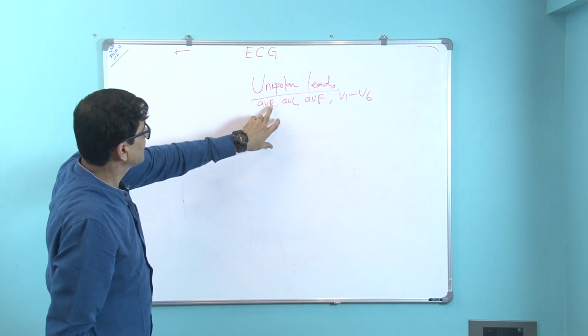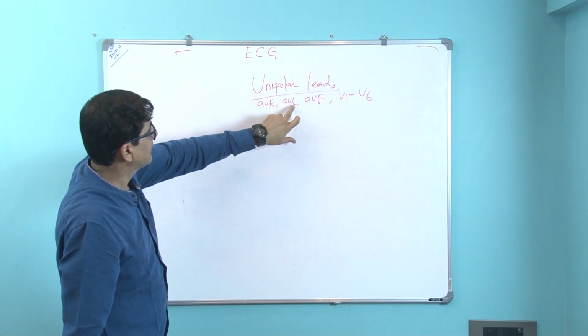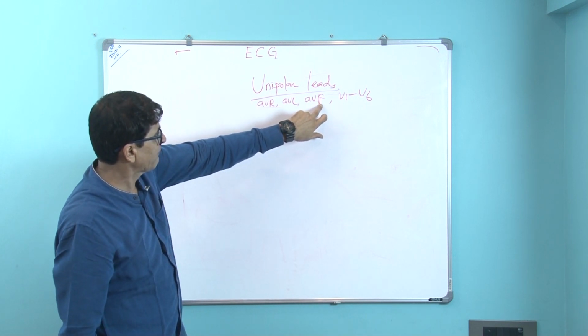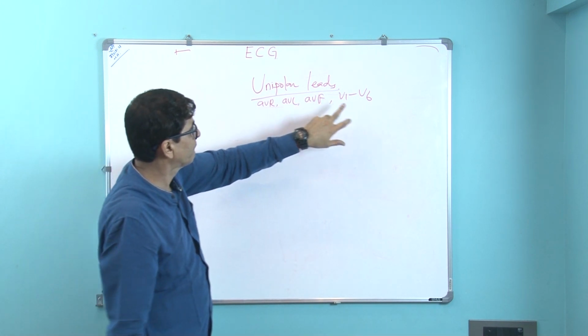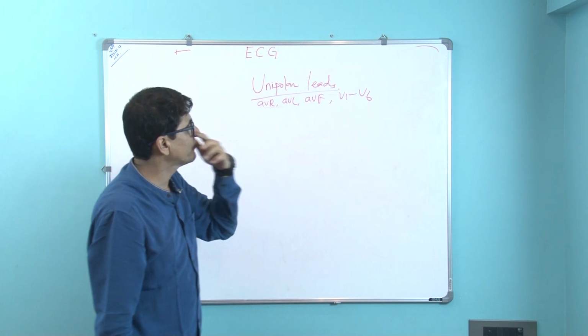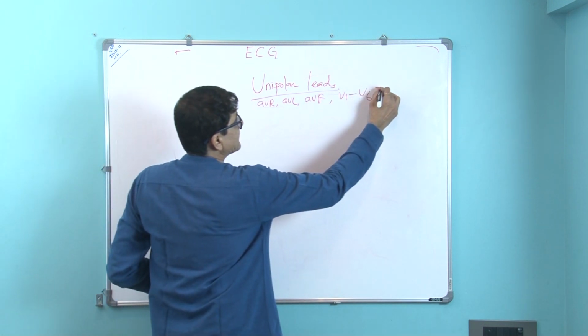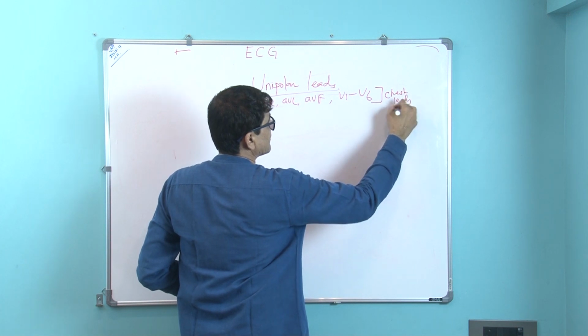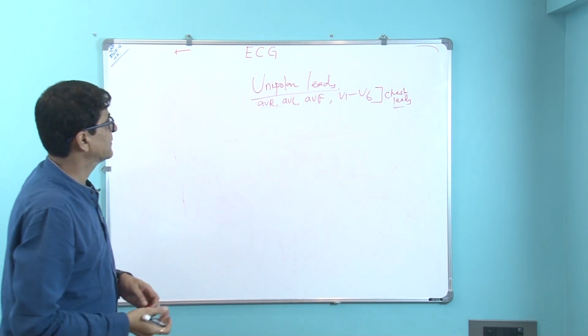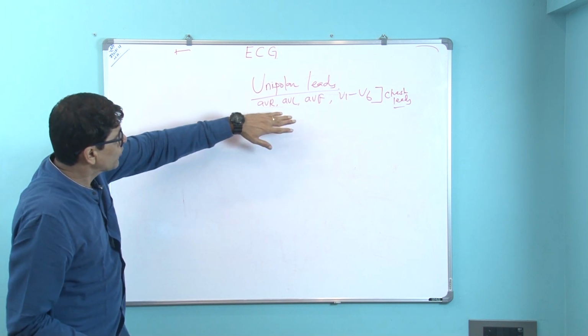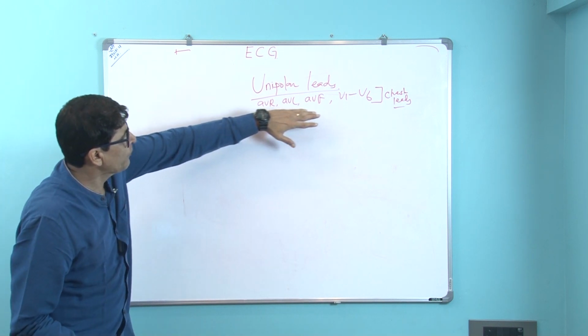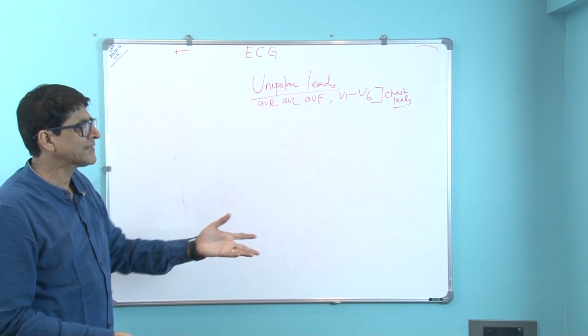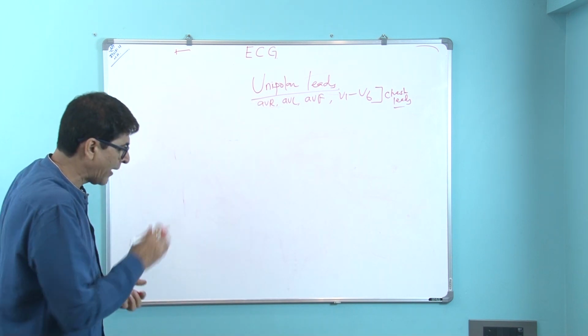R suggests right arm, L left arm, and F left foot, the left leg. V1 to V6 are chest leads. They are put on the chest. Actually, we call it unipolar, but in another sense they also have bipolar.